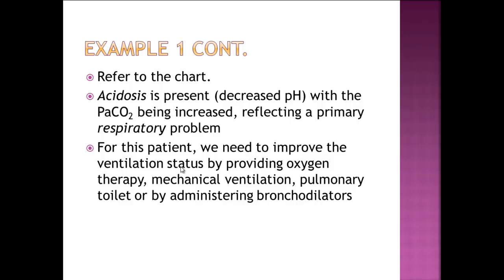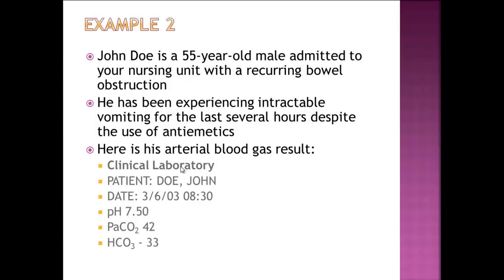Respiratory acidosis. Treating this, we would actually try to improve the ventilation status because obviously something is happening to keep the person from getting rid of the carbon dioxide that's causing that acidic condition. So we probably provide oxygen, maybe mechanically ventilate, or do bronchodilators, pulmonary toilet, those kinds of things to improve the ventilation status.